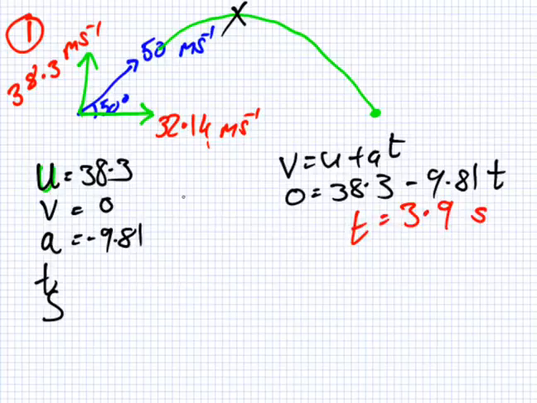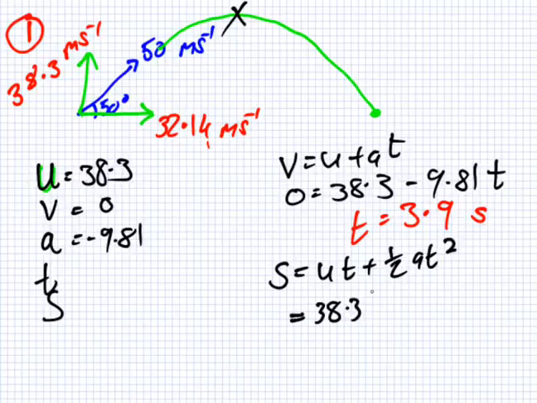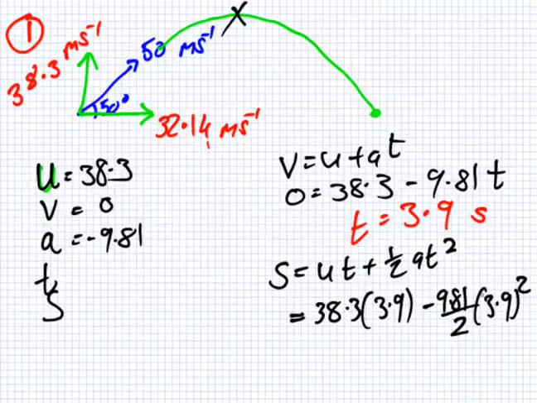And now I can get the S, which is UT plus a half AT squared, which would be 38.3 times 3.9 minus 9.81 over 2 times 3.9 squared.